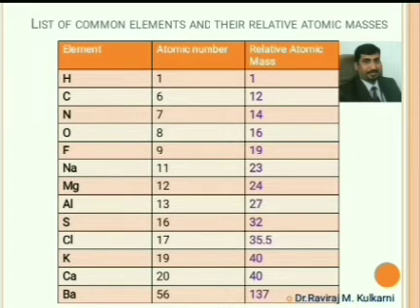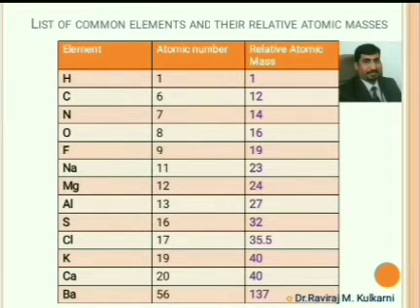I am giving you a list of common elements and their relative atomic masses. You don't have to remember all 118 elements, just 15 or 20 elements. I have given you some. Hydrogen, its relative atomic mass is 1. Carbon 12.